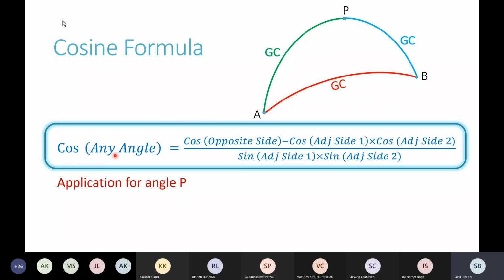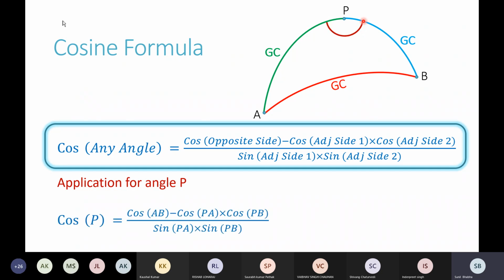So the formula says cos of any angle. In our case, it will be angle P now. You can see this angle P marked here in the diagram. So the cosine formula, once applied to angle P, will give us cos of angle P is equal to cos of AB. You can see AB is the opposite side to this angle P, minus cos of PA. You can see PA is the first adjacent side, multiplied by cos of PB.